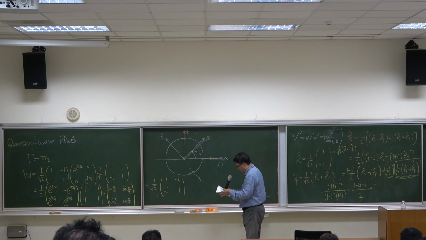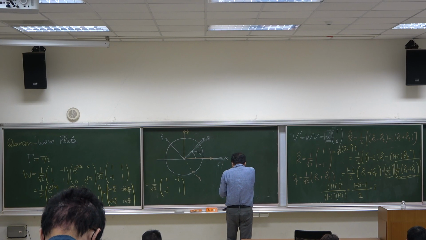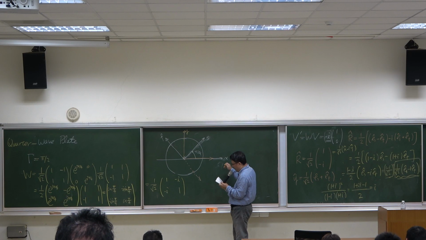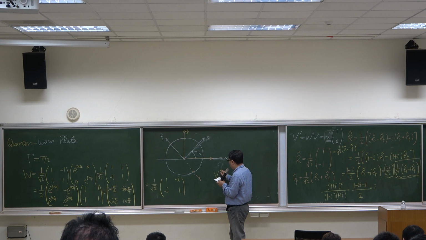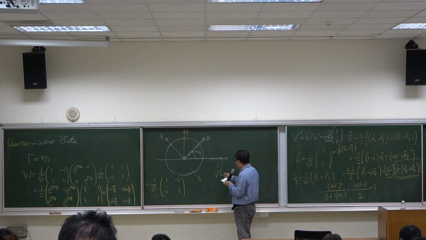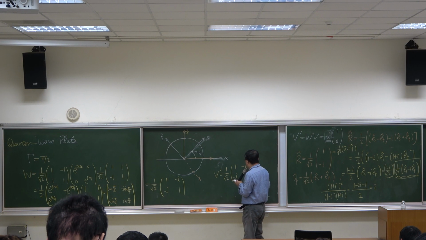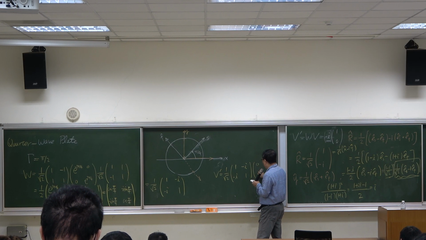And I use this W matrix to multiply the input vector to get the output vector. This is 1, minus I, minus I, 1 times 0, 1.